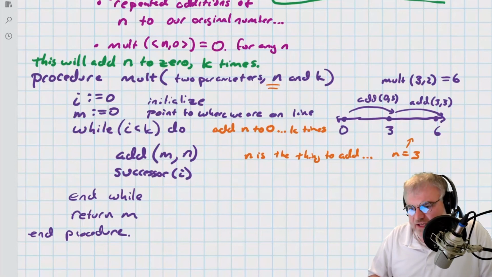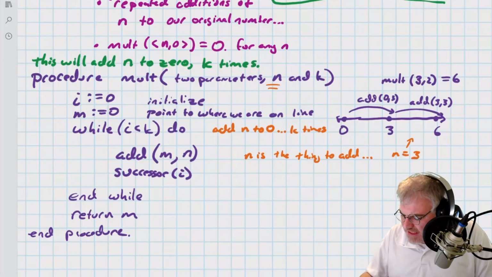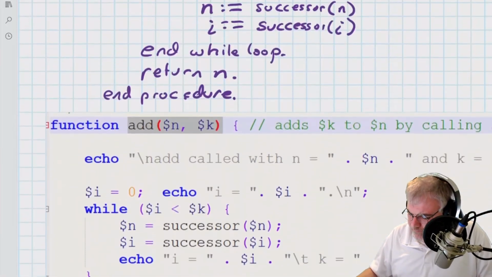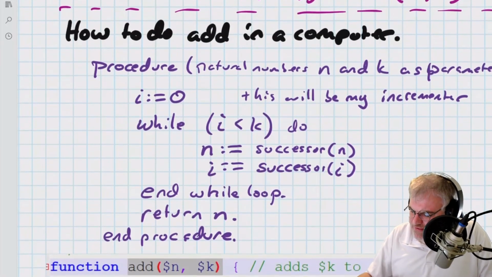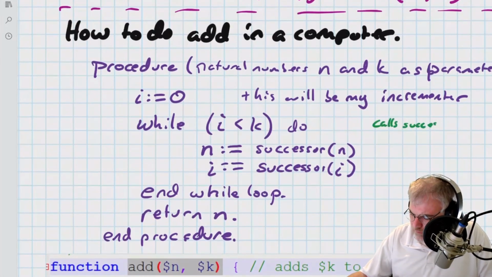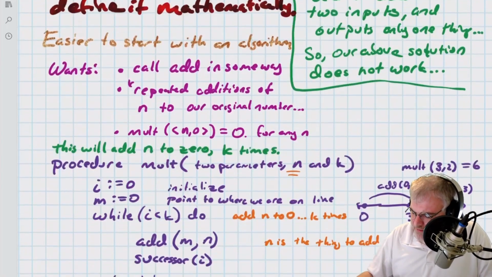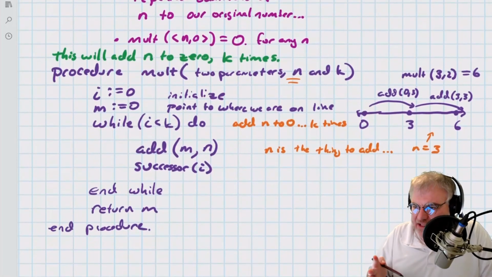No, it's not mult in m. The k is not useless. The k is the loop. The k is the controller of the loop. Okay? This had two parameters. So let's go back up to here. Here what I did was I called the successor k times. That's what I was doing up there. Now, what's going to happen is I'm going to call add k times.